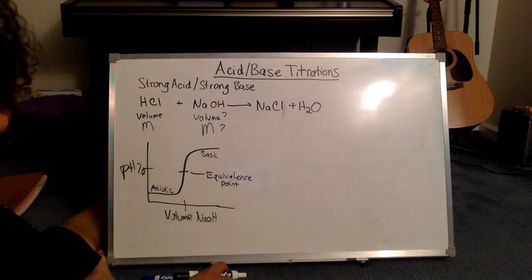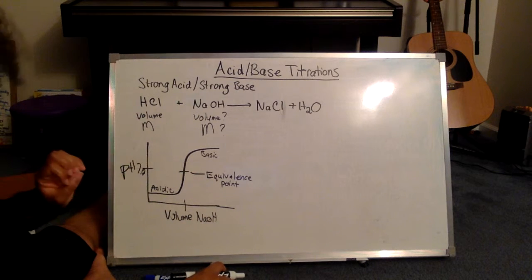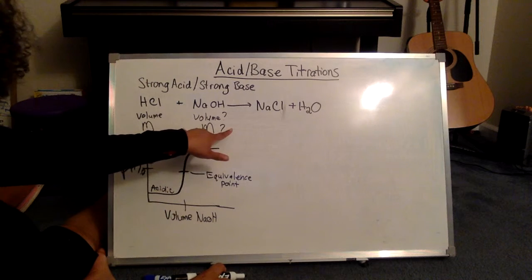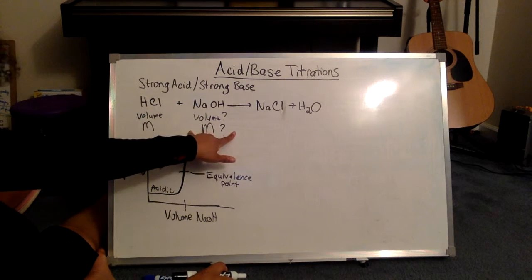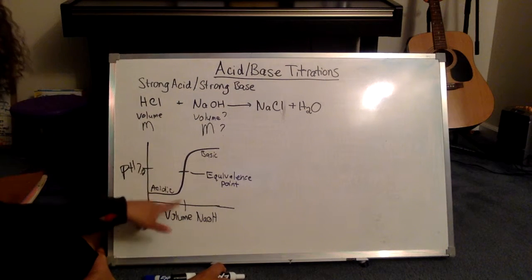For our titrations, we are going to look at some scenarios where we're having strong acid and strong base, and we have some volume of strong acid, and we're adding a volume of strong base. If we add very little, we're going to have an excess of acid, and we're going to be down here.